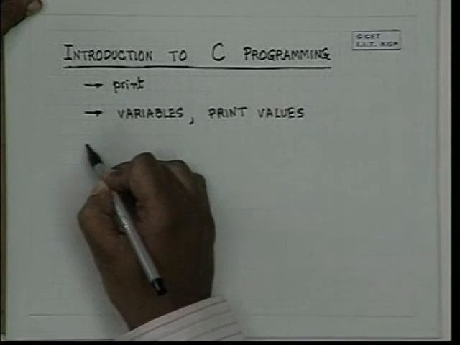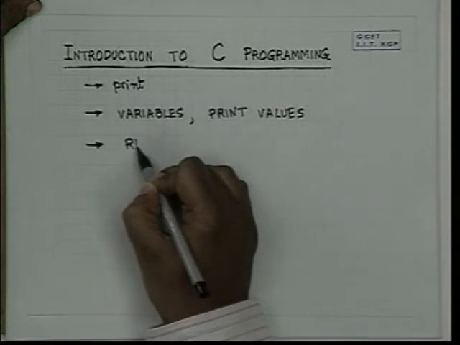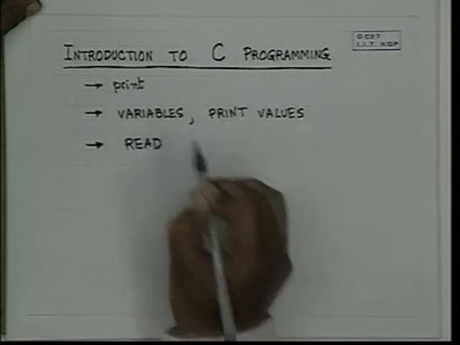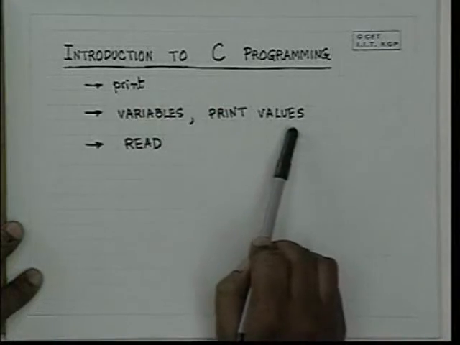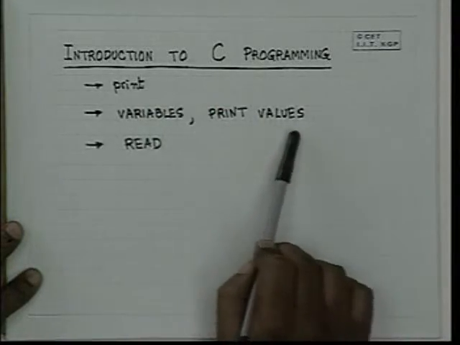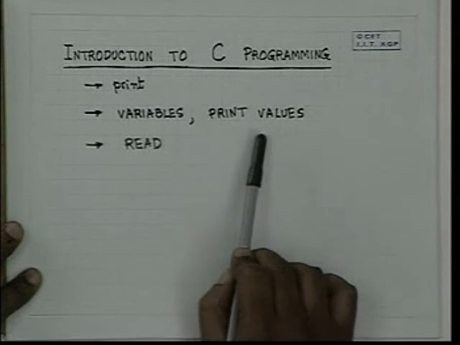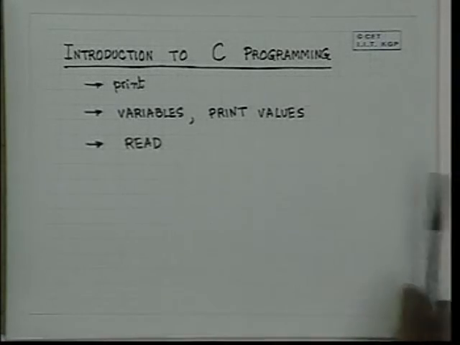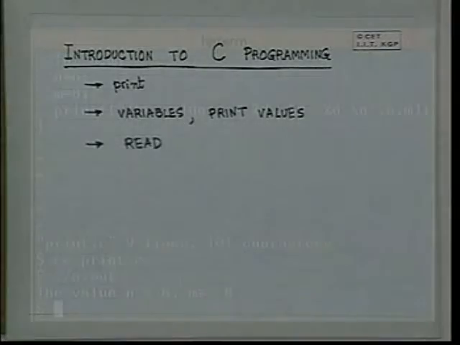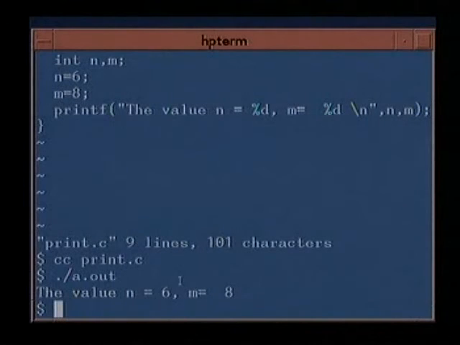The next program that we will see is reading: how to read the value of a variable. In the previous program that we did, we just assigned the value of a variable to a fixed value and then printed it. Now we will read it and print it, because reading and writing is the first thing that you should know well in any language, whether it's Fortran or English.